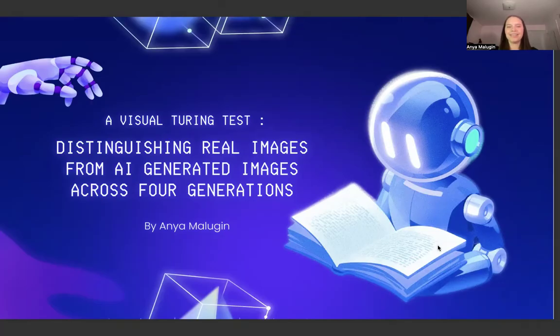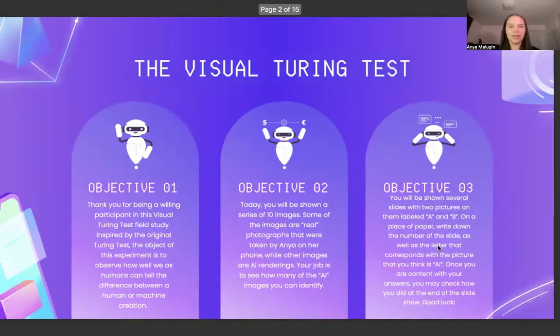And so I called it a visual Turing test, which allows me to see how well my friends and family are navigating themselves through a world that is becoming increasingly more interconnected and integrated with AI technology. So, without further ado, let's move on.